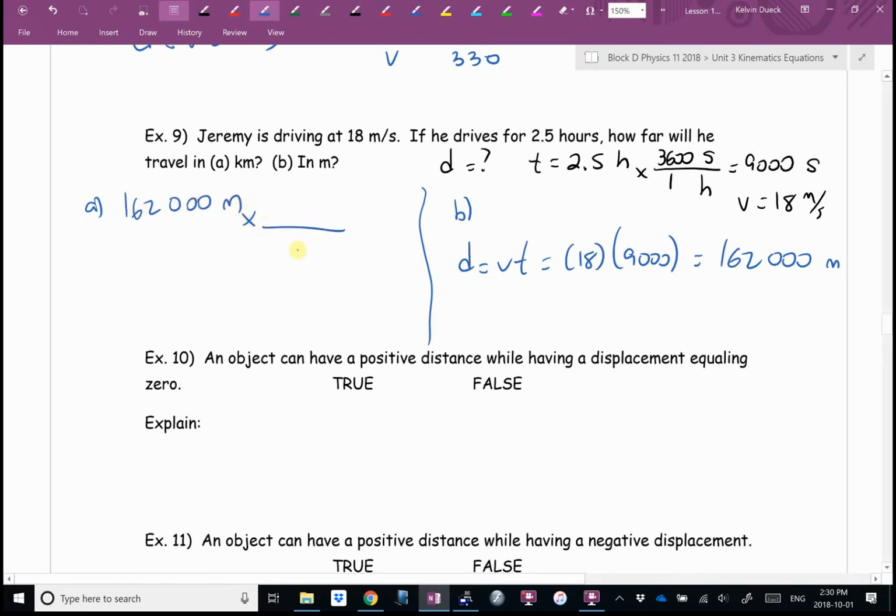I want meters to cancel. I want kilometers. The 10 to the third goes down there. And some of you may have already noticed, because you may have developed this shortcut on your own, to go from meters to kilometers, you divide by 1,000. And if you can do that without writing anything down, I'm fine with that. So I went, oh, it's 162 kilometers.